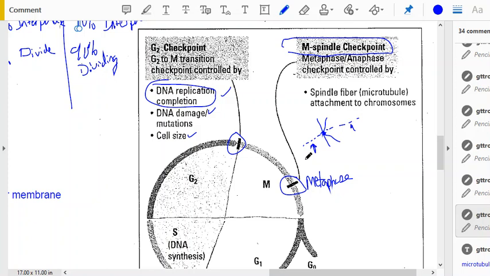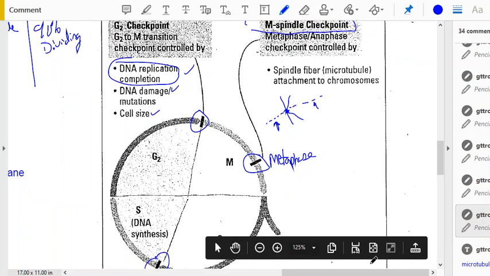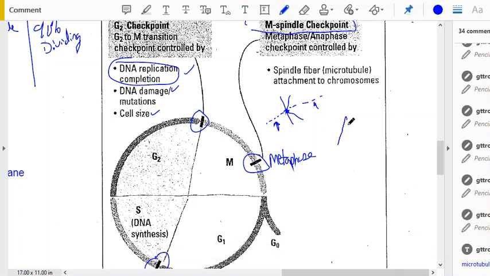If a cell fails any of those checkpoints, there is a system in place to prevent the cell from dividing, and this is called apoptosis. This is pre-programmed cell death.